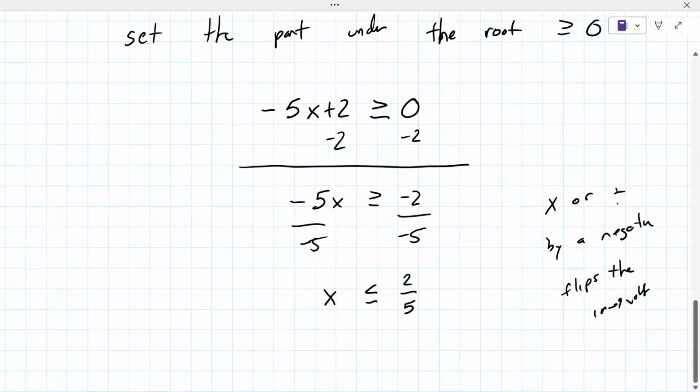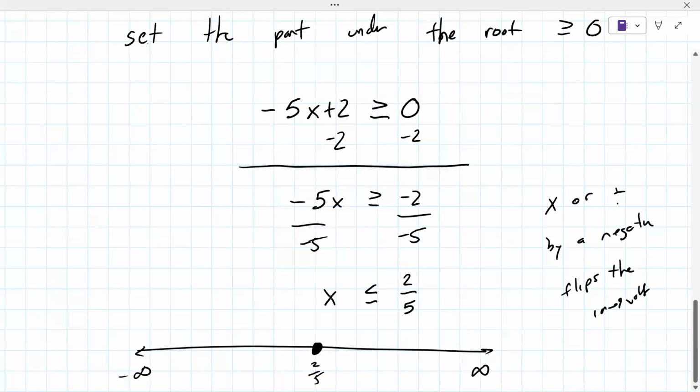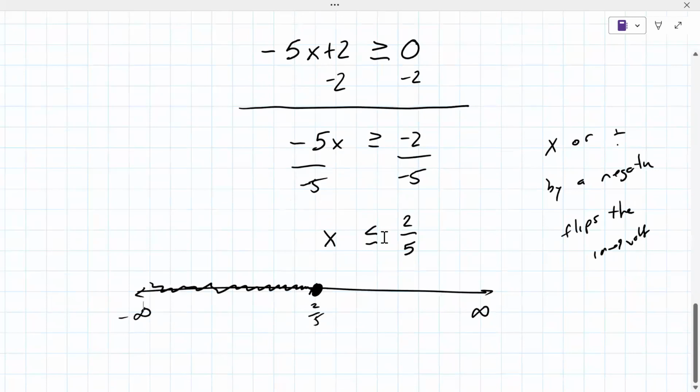So this, if you need to, you can put it on a number line to sort of figure out what the interval is, but there's 2/5, there's minus infinity, there's positive infinity. It's a closed circle. It's everything to the left of it. So your domain here is minus infinity to 2/5 with a bracket like that.